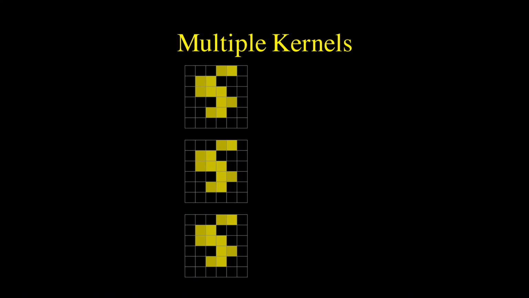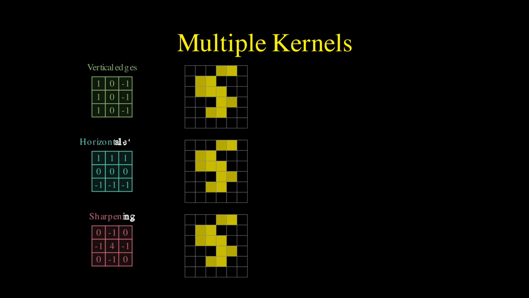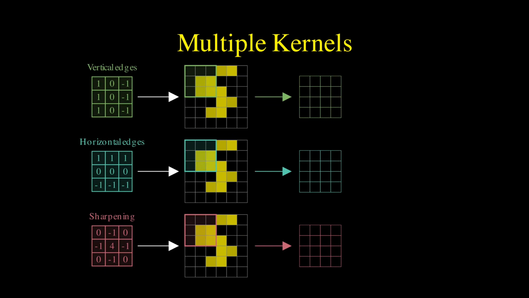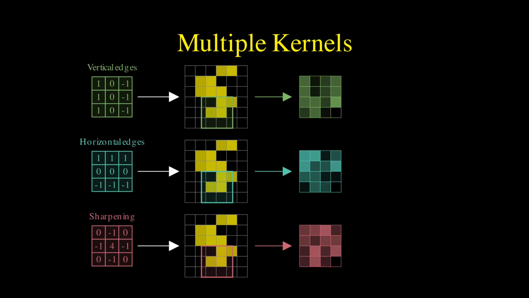Now, one kernel detects one type of pattern, maybe vertical edges or horizontal gradients. But we want to detect many different features. So what do we do? We use multiple kernels. Each one slides across the same input image independently, and each one produces its own 2D output. Then we simply stack all these outputs together.